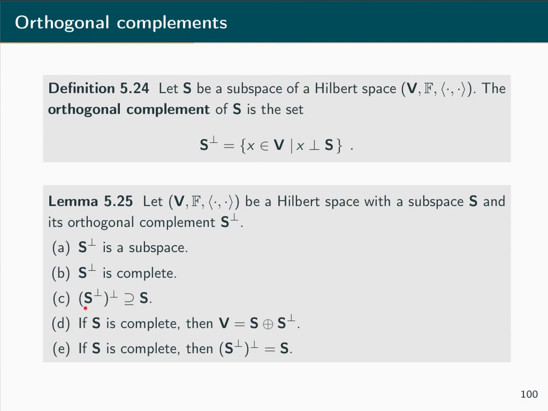C, S perp perp is a superset of S. D, if S is complete, then V can be written as the direct sum decomposition of S and S perp. And E, if S is complete, then S perp perp equals the subspace S.